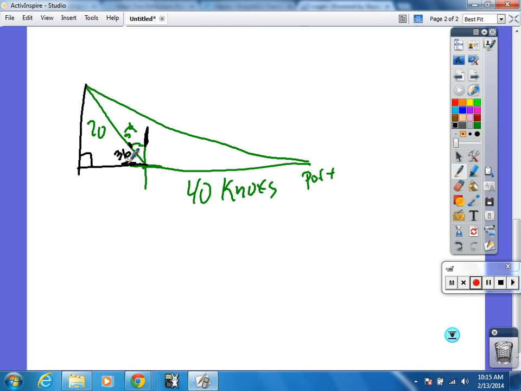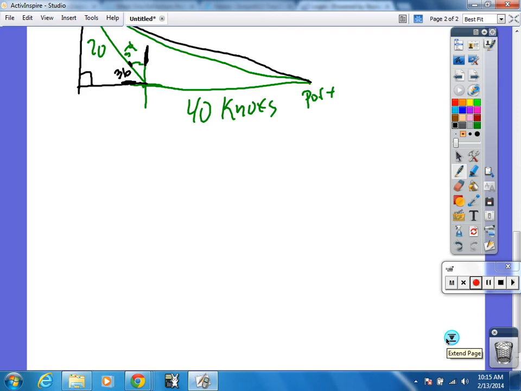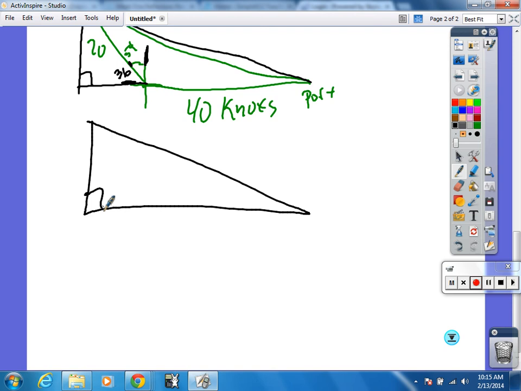Now notice, ladies and gentlemen, I have two options here. This basically is the hypotenuse of that right triangle, isn't it? So couldn't I draw this a different way, saying I have this thing right here, where this is 90. I don't know what this angle is, but this distance right to here is 40, right?